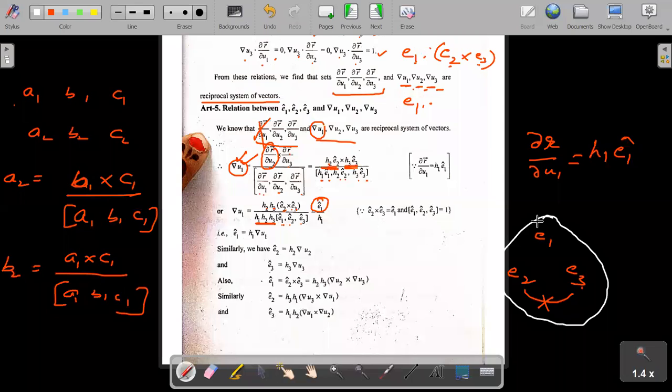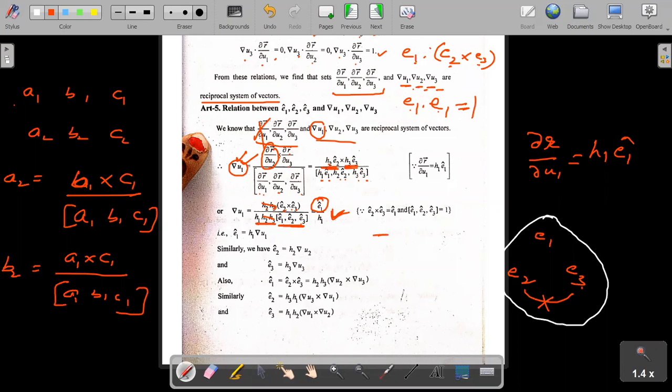E1. So you see, this is E1. So E2 cross E3 is E1. And what is E1 dot E1? 1. So you see, below the scalar triple product becomes 1, H1 H2 H3 remains, above also H2 H3 is there, H2 H3 cancels, so what we get is E1 cap over H1.